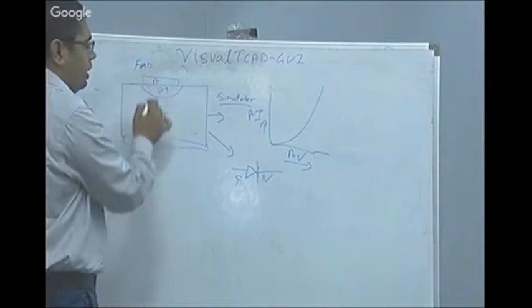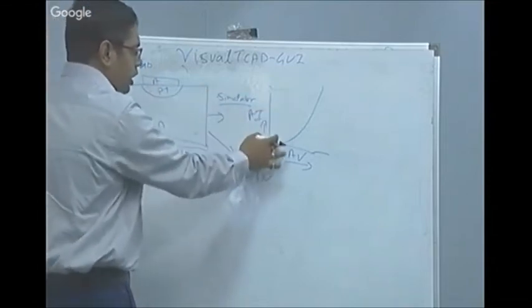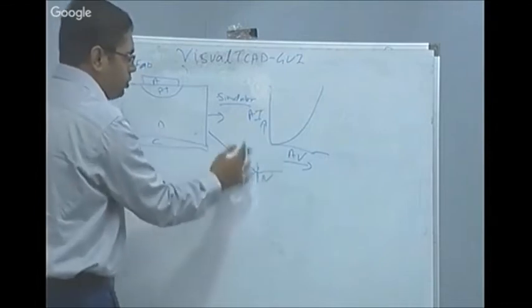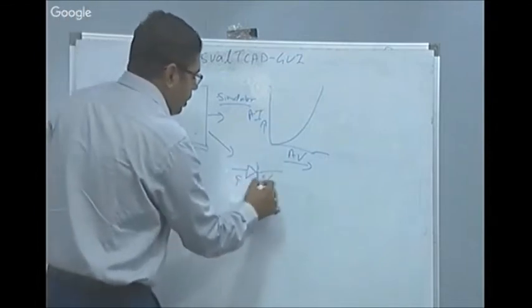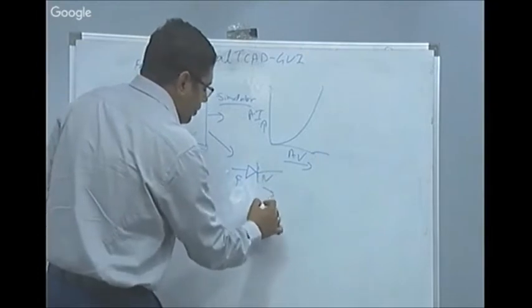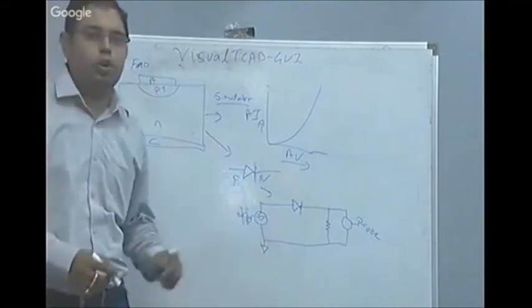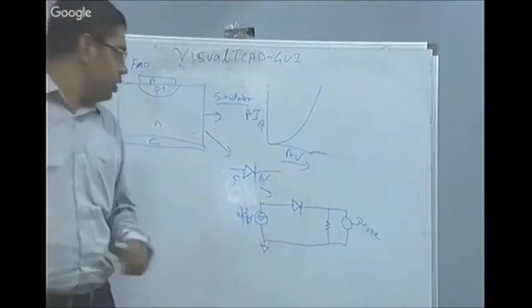First of all, we fabricate, then we check its characteristics. After getting the characteristics, we convert this device in the form of a symbol. Then we use this symbol for a half-wave rectifier. So all these steps we can do in one tool environment.